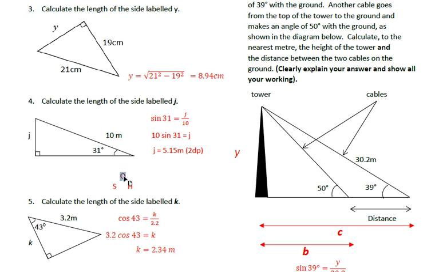And if we just cover up that O, let's think of covering it up with your hand, we've got remaining sine and H. And when they're down the bottom by themselves, you're just multiplying. So we've got sine of the angle times 10. So sine 31 times 10, or 10 sine 31, if you put it around the other way. So that's just another way of doing it if you use the magic triangle method.